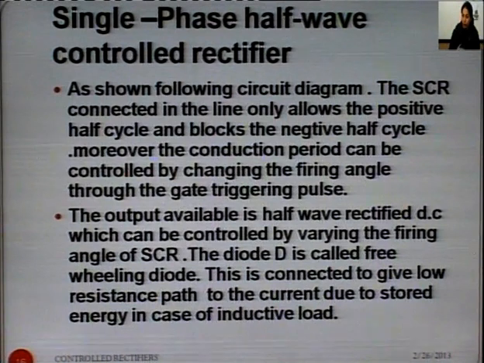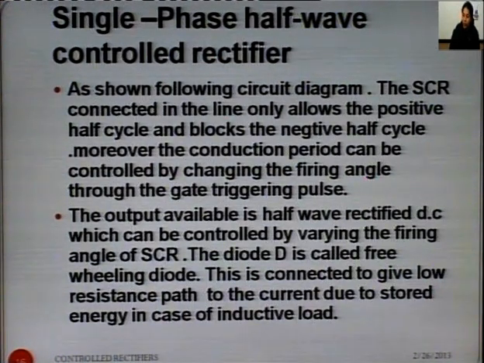When we have the positive half cycle of the AC signal, the SCR will conduct and provide the rectified output, but during the negative input half cycle it will not conduct. So, we are getting a half wave rectified output, because rectification is done only in either the positive or the negative half cycle of the AC input signal.